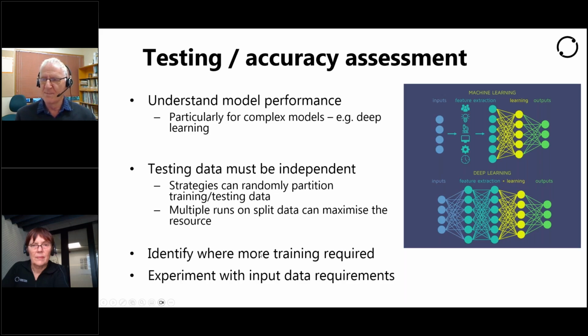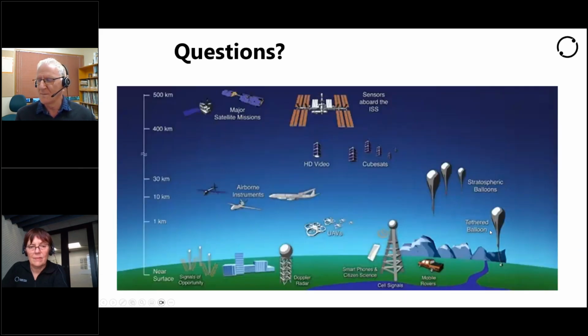So it's very important to test the accuracy of your classifier, and key to this is using a lot of training data where possible. So I'm going to finish up there and open up for questions.